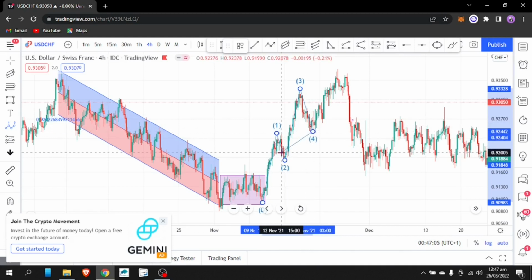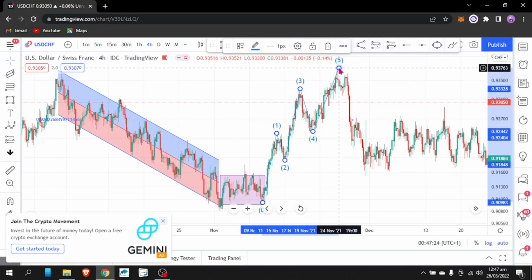Here is our first pullback, this is our second pullback, this is our first impulsive wave up, our second impulsive wave up, and this pullback gives us our fourth wave, and then after giving us this fourth wave, it gave us the last wave, which is the fifth wave.